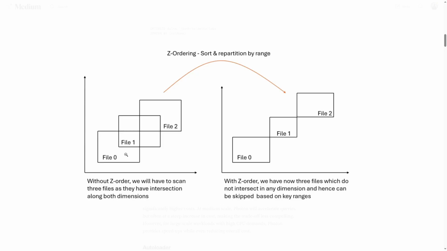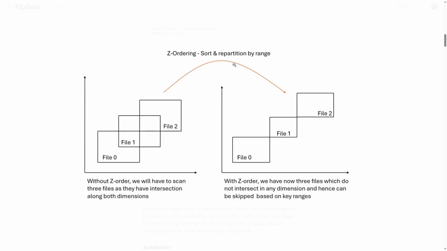To give you an example, let's say without Z-ordering we have three files, file 0, file 1, and file 2, and they have overlap between them. For example, if this is the whole space of a file which stores some ranges, some partition, let's say we split this into four quadrants, 1, 2, 3, and 4. Quadrant 2 is also present in the other file, so file 1, 2, and 3 have overlapping data. That's how it is.